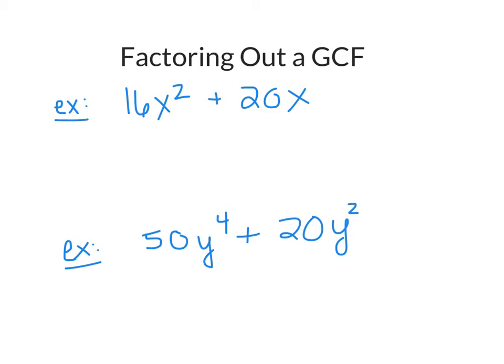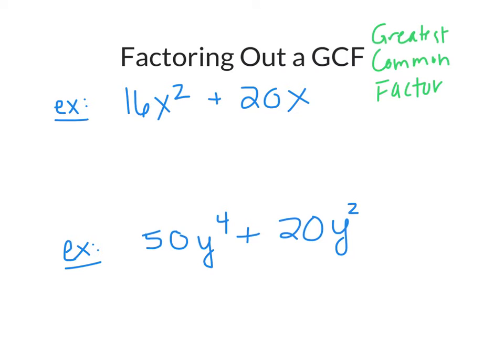So the first thing we're going to be doing is factoring out a GCF. And if you remember, GCF stands for greatest common factor. So we're looking for something that multiplies into both terms, or something that both terms are divisible by.